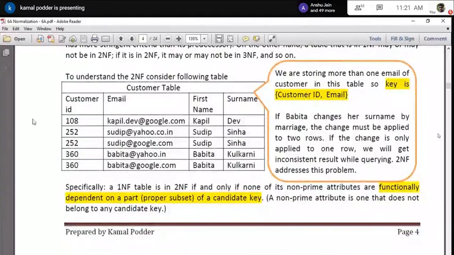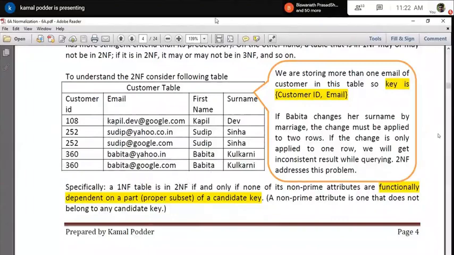Now let's try to understand what is second normal form, and after first normal form, what type of problem can be there, so that we need to apply the second normal form. Just take an example here that I have the email ID, first name. You know that more than one email ID can be there.